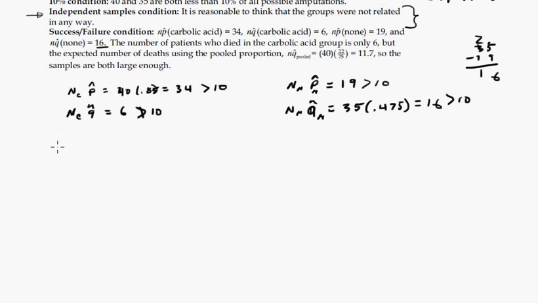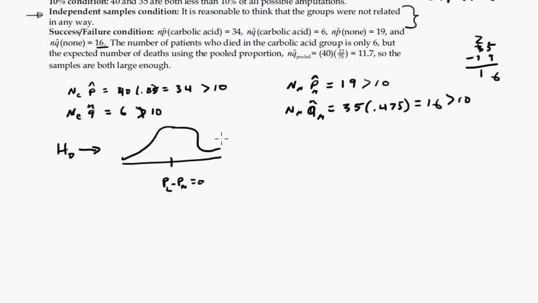But remember that what we're doing is we're making an assumption. The null hypothesis implies a model that has a center at, in this case, the difference p_C minus p_N equals 0.